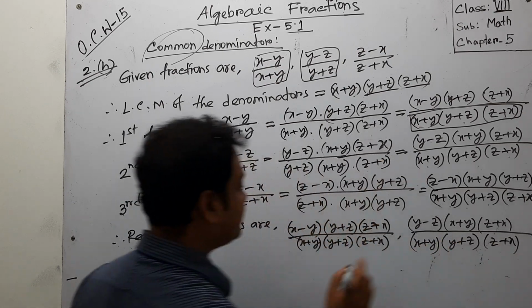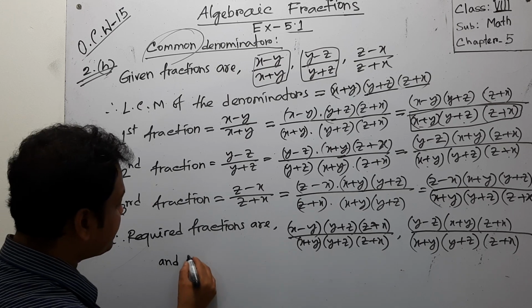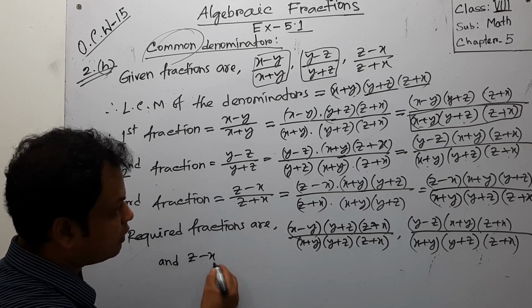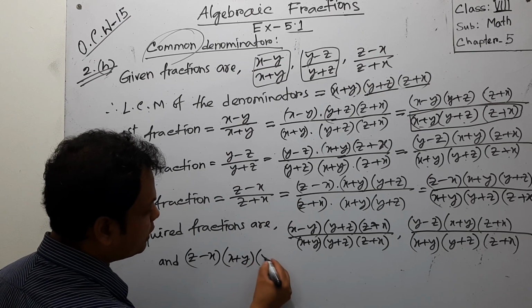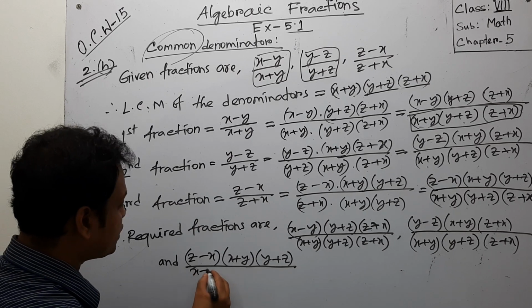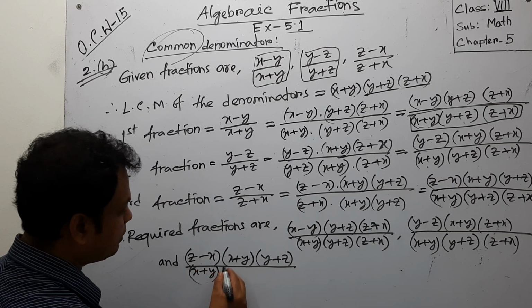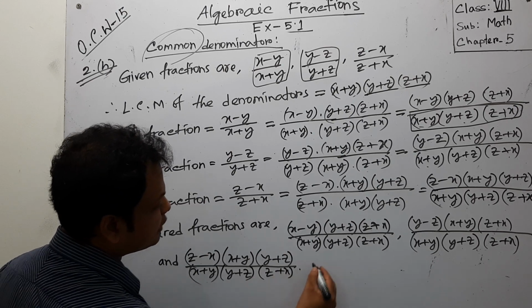And the third one will be z minus x into x plus y into y plus z, and in the denominator we get x plus y, y plus z into z plus x. So this is the result.